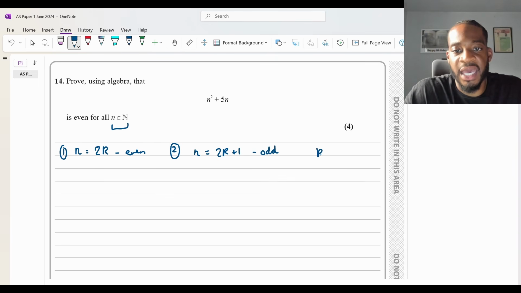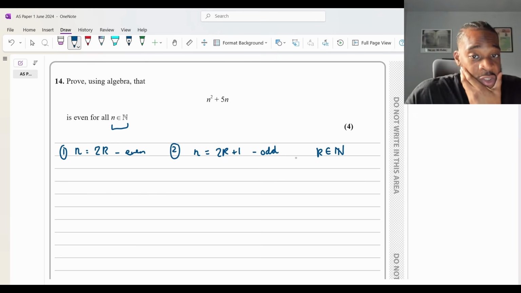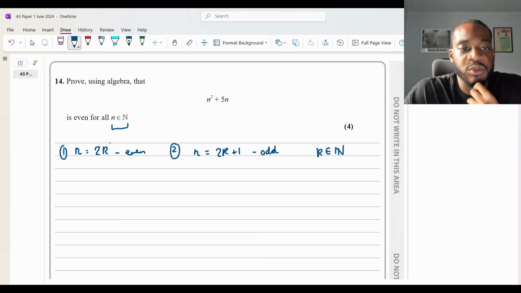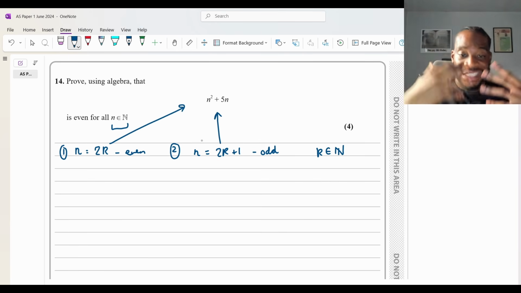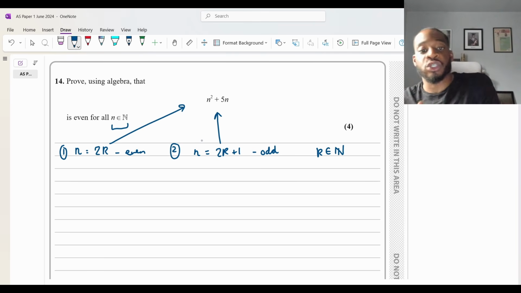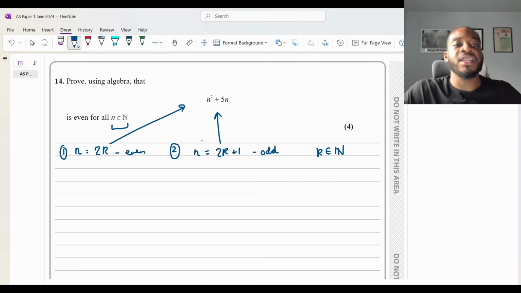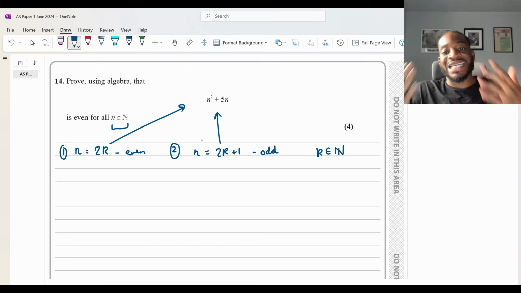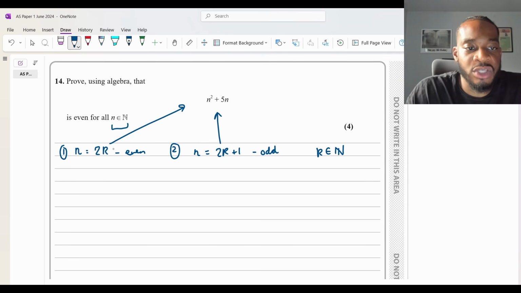And I'm just going to say k is an element of the natural numbers too, just so we know that everything's an integer. Okay, so all we need to do now is substitute both cases into our expression here and show that when we substitute it, we get an even result out. If both of them are even, then that would mean that n squared plus 5n is even for all n in the natural numbers. So let's make a start with case number 1.